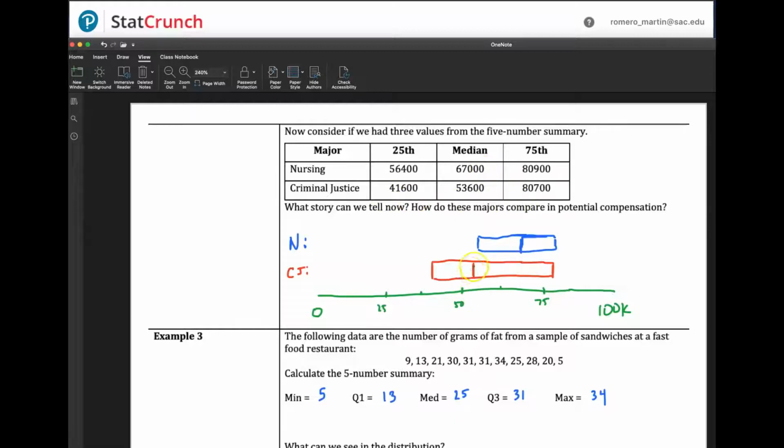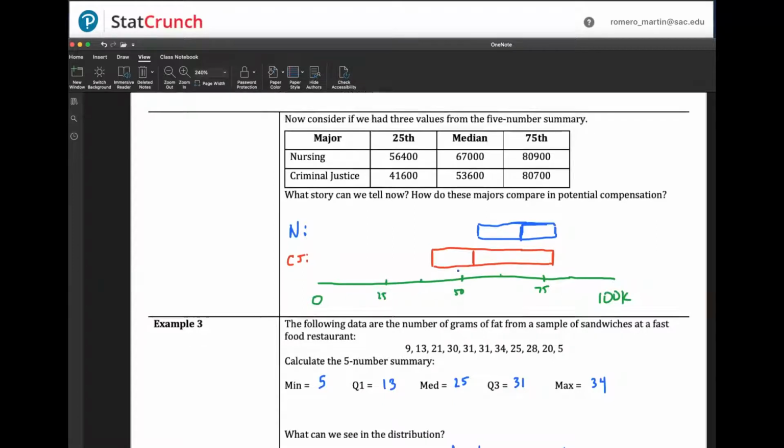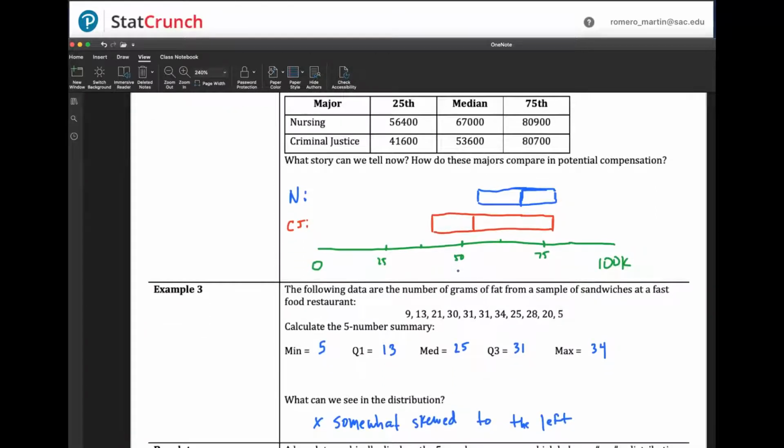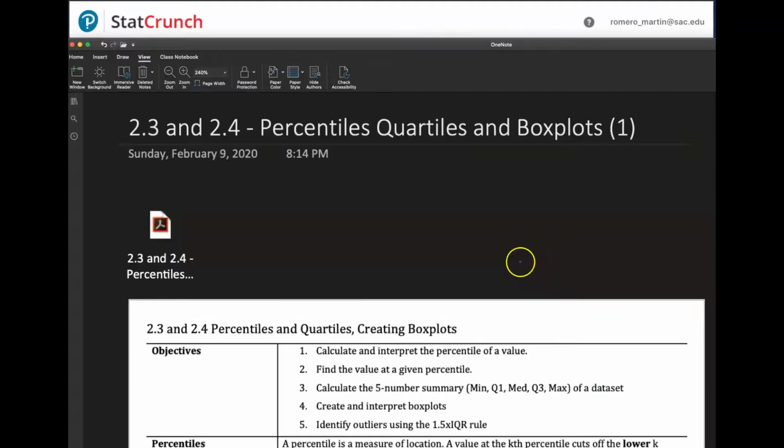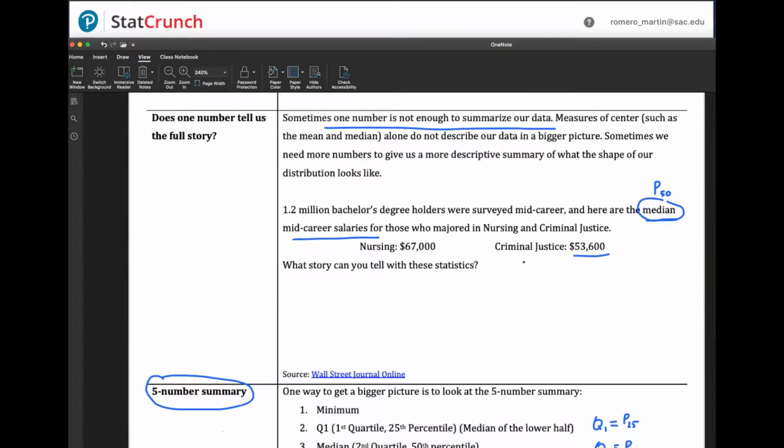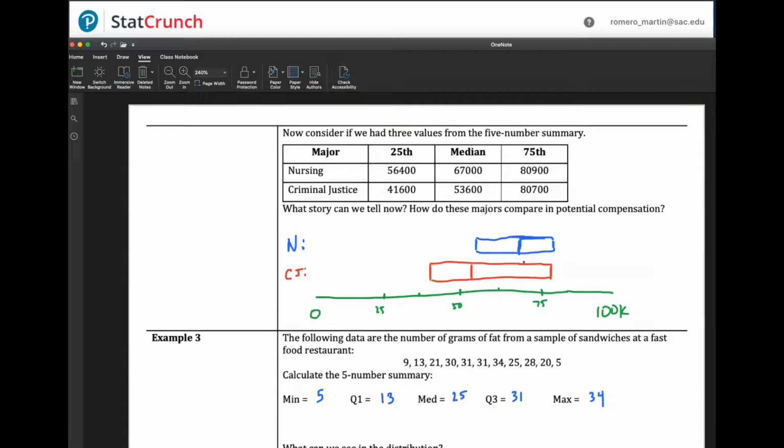Even though the median values are different, you can see there's a story being told. There's a lot more spread in criminal justice majors, which to me would probably mean there are different types of jobs in criminal justice: maybe social work, police officer, probation officer. There are a lot of different jobs other than nursing, and that's why we have this wider spread of values.